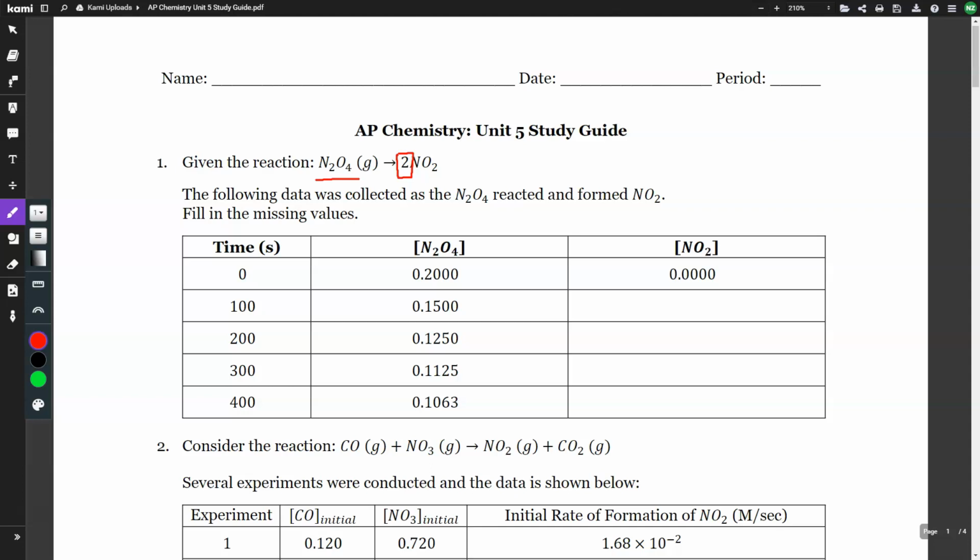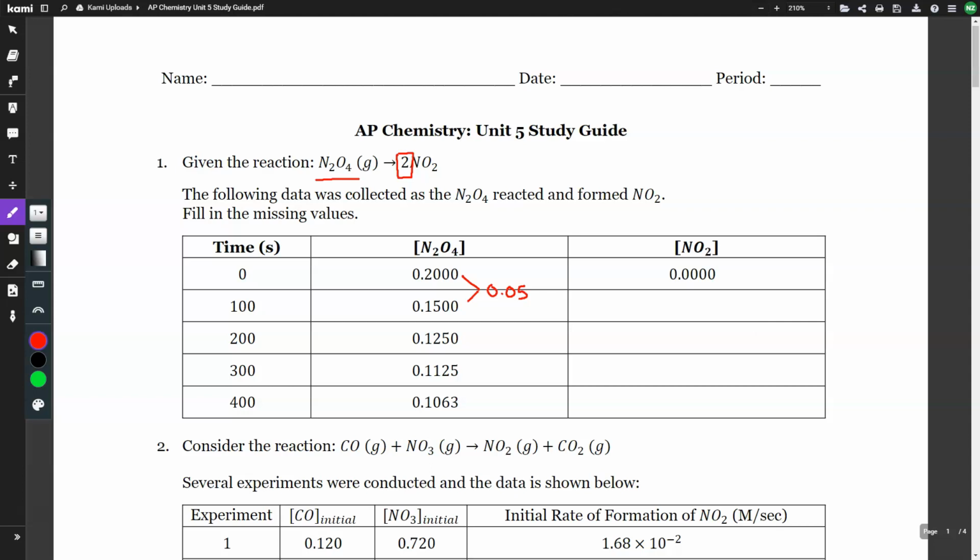So we're going to look at the difference between time of 0 and time of 100. Here, the concentration goes down by 0.05. The N2O4 is going to go down and the NO2 is going to increase by that amount, but by a factor of 2.